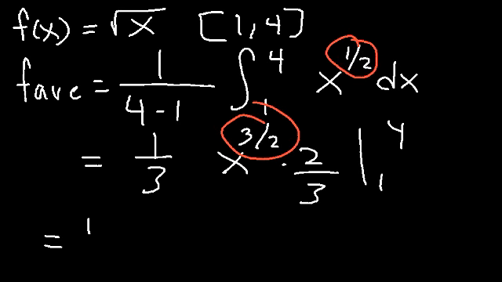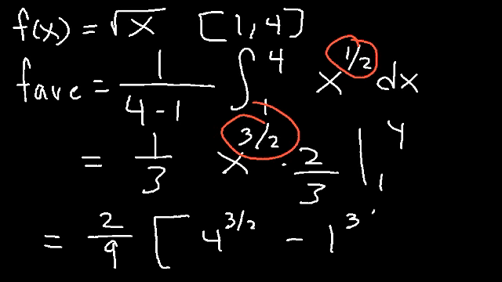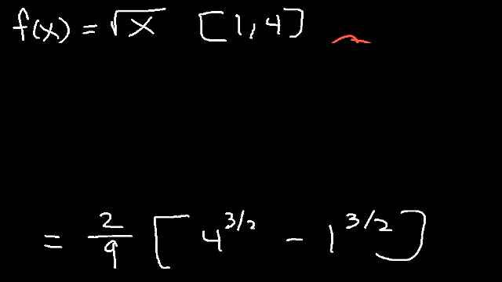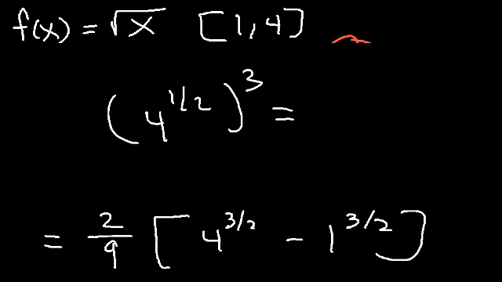So let's multiply 1/3 and 2/3 together. That's going to be 2 over 9 times 4 to the 3/2 minus 1 to the 3/2. So what is 4 to the 3/2? This is the same as 4 to the 1/2 raised to the 3rd. 4 to the 1/2 is the square root of 4, which is 2, and 2 to the 3rd power is 8.